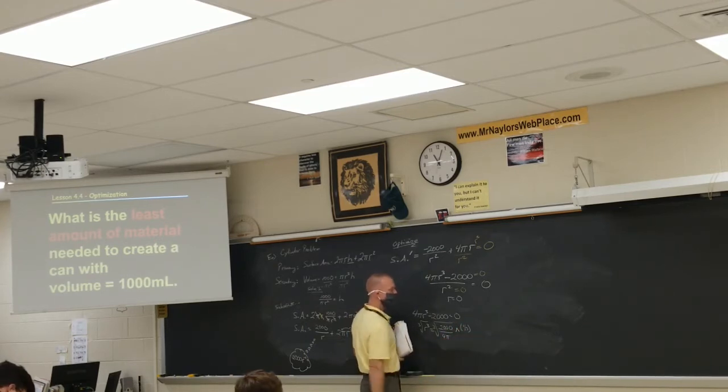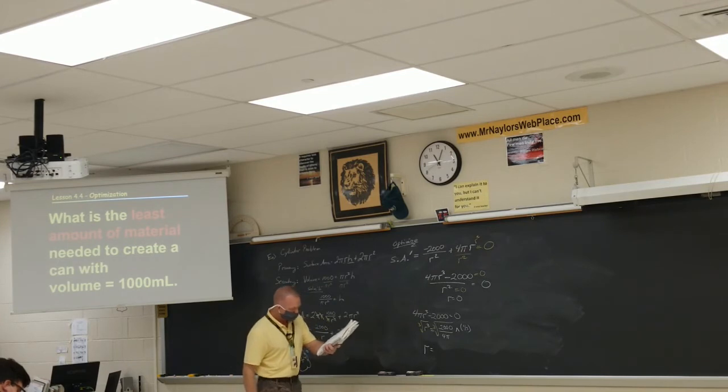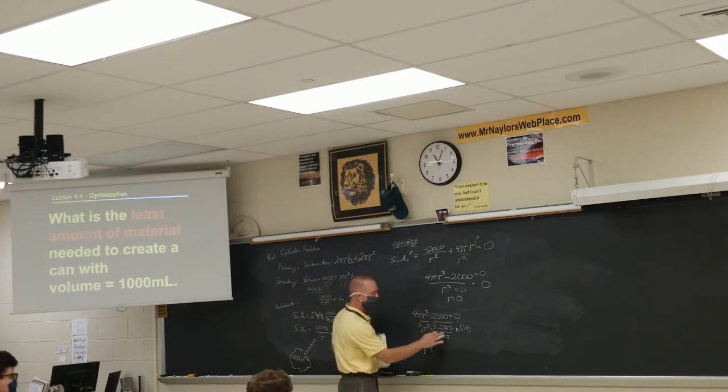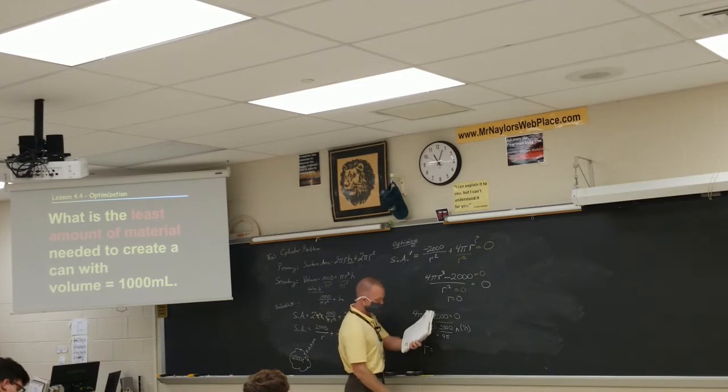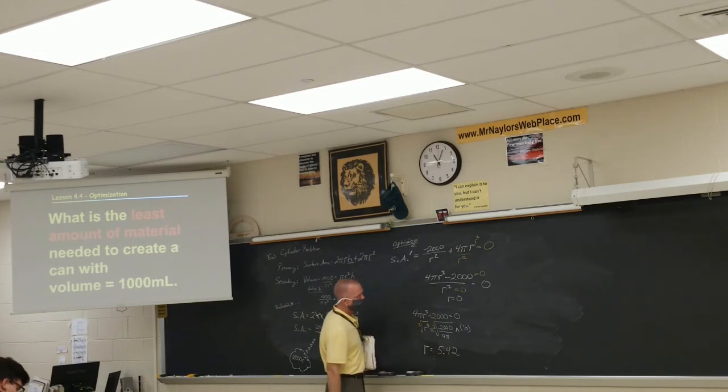If you raise both sides to an exponent of 1/3, that's equivalent to cube rooting. Now, you don't get a plus or minus when it comes to cube roots. That's because it's odd. So you basically take 2,000 divided by 4 pi, slap a cube root on it, and we have a radius. It's 5.42. Make sure you're comfortable getting that.